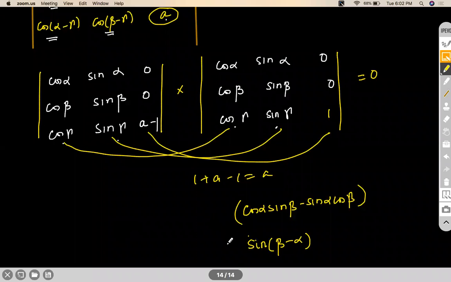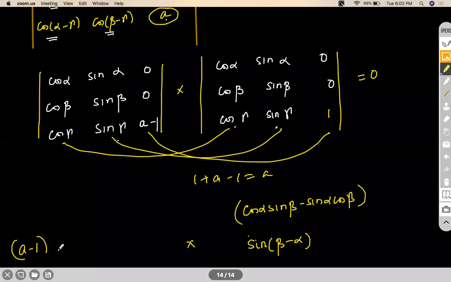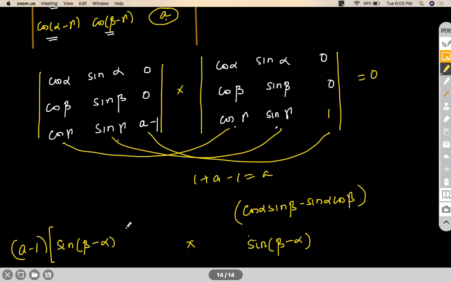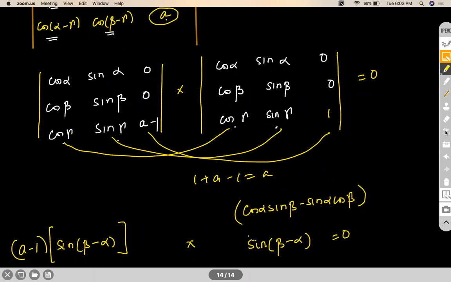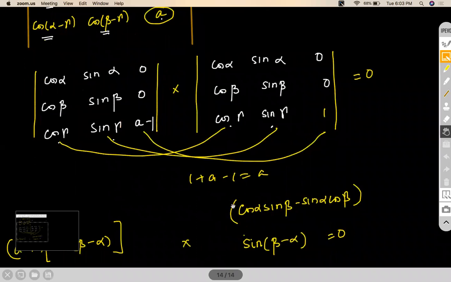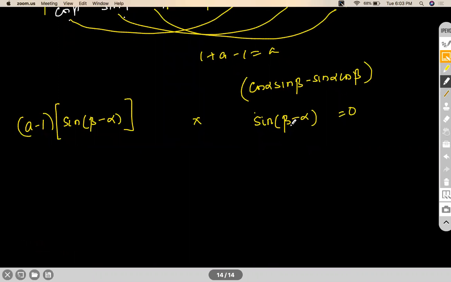This determinant, that is the first one, will give you A minus 1. Same thing, sine beta minus alpha. Correct. Now, it is clearly given to us that the angles are all different angles. Right. That means they indirectly want to say that this cannot be 0 and this cannot be 0.